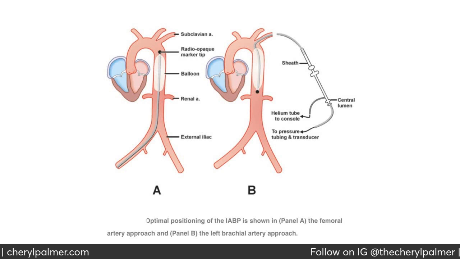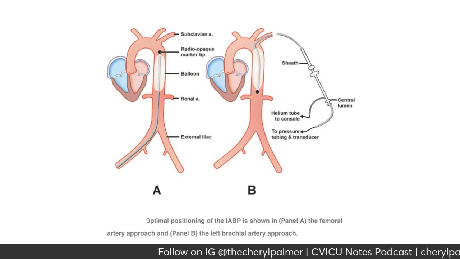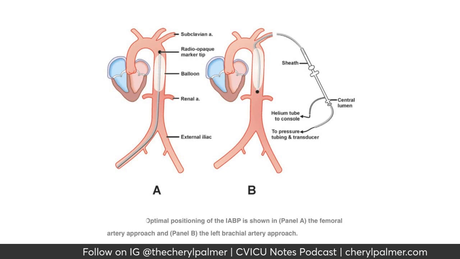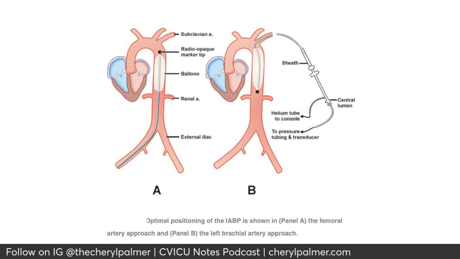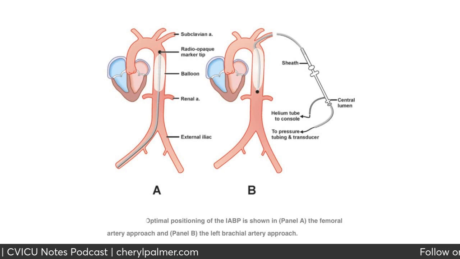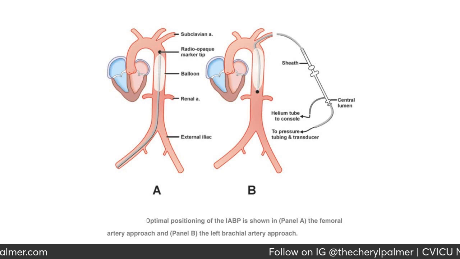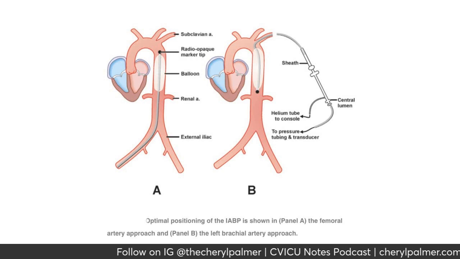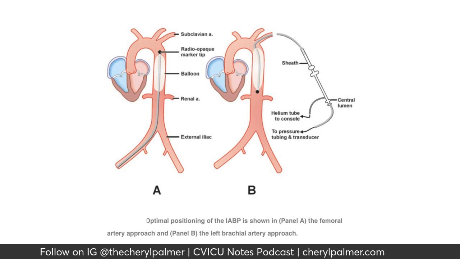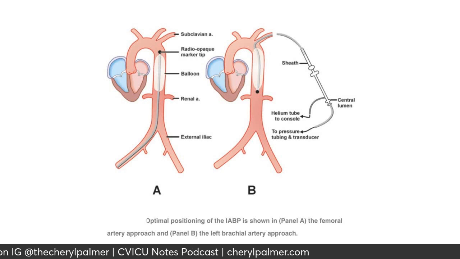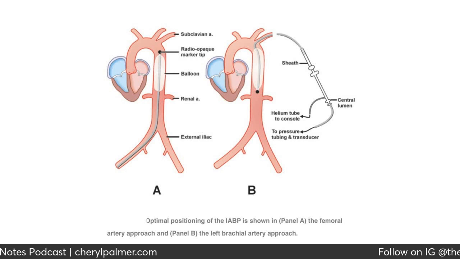And here is the optimal positioning of the balloon pump. On the left, this is the femoral artery approach. And then on the right side, it's the brachial artery approach. You can see how close the tip is to the subclavian artery.